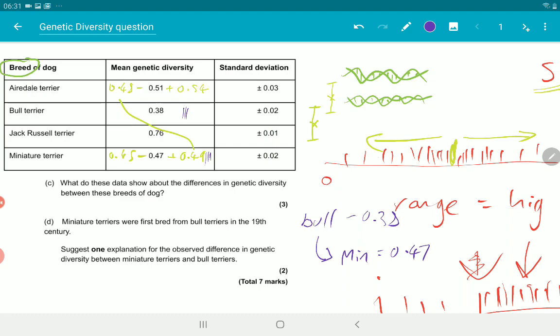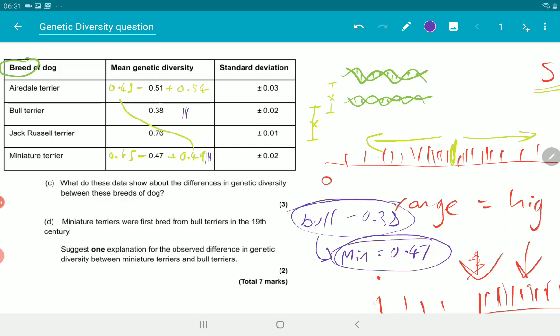Now, there's a number of reasons that this could have happened. Somehow that population has got more diversity, therefore it's got more alleles in it than that population.